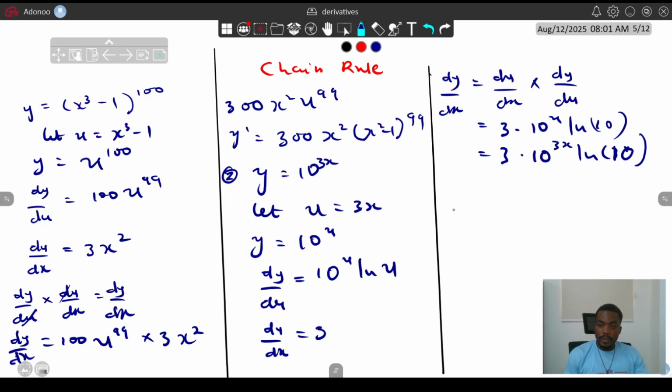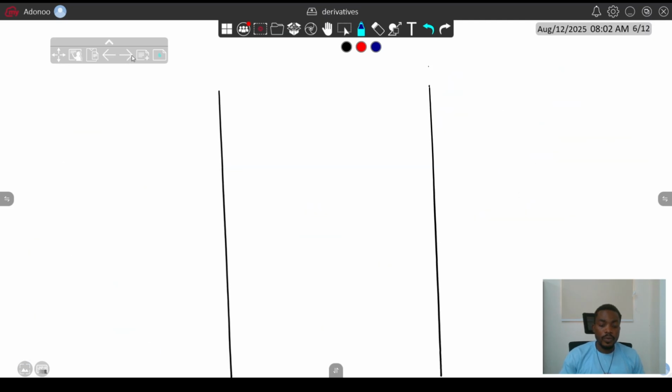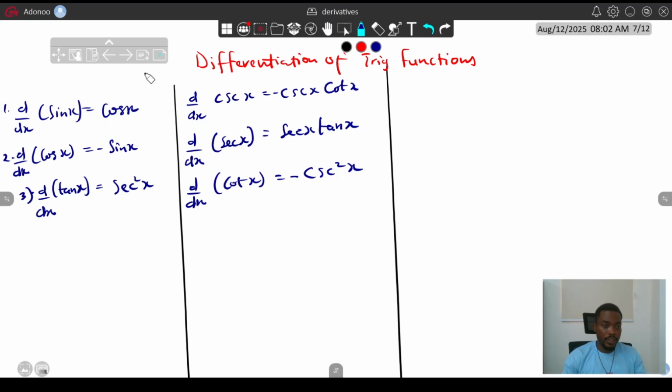There's another example here. You can take a look at it. You can have y equals cot of cosec x. If you have this, you can employ the rules of differentiation. So let me write the question here again.